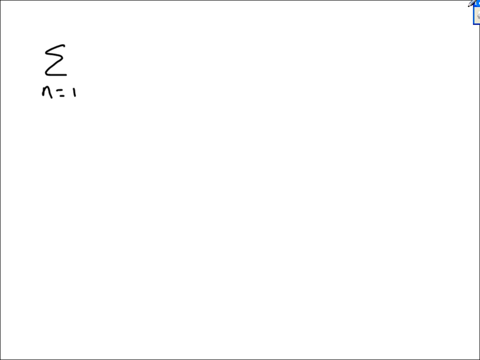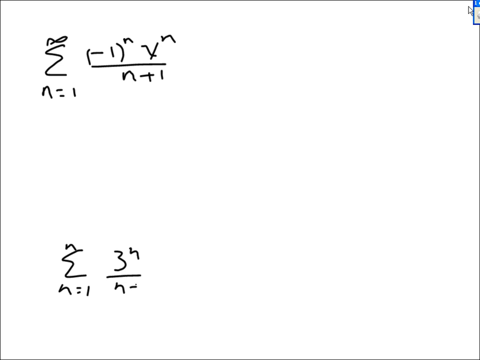Suppose I tell you the summation as n goes from 1 to infinity of, say, (-1)^n x^n over n plus 1. Where does this converge? Now, normally in the past, we were given something like the summation n goes from 1 to infinity of 3^n over n plus 1.